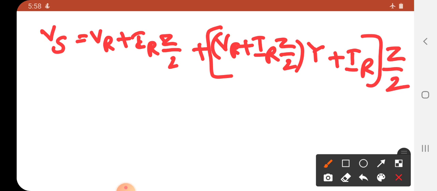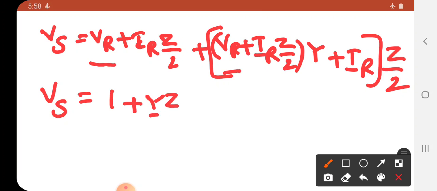Yes, now we common the terms, that is we separate the terms of VR and IR. So then Vs is equal to, where we have the VR, here we have one VR, that is here it is 1 plus YZ by 2 into VR, plus IR.